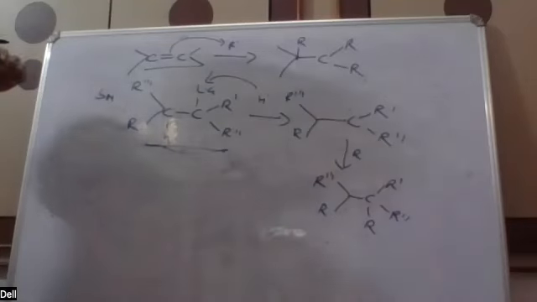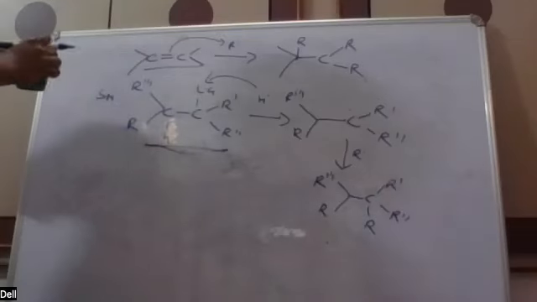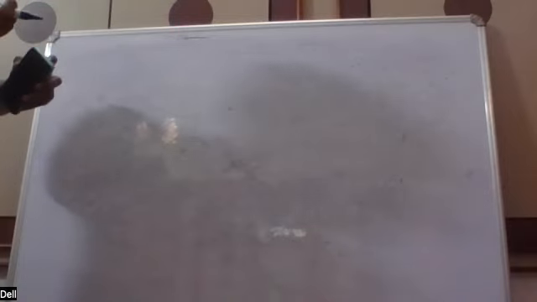Yes, good. What is the effect of temperature on elimination and substitution reactions? Sir, in elimination reactions, a bond needs to be formed between the substrate and the reagent, so there will be a release of energy in the formation of the bond.